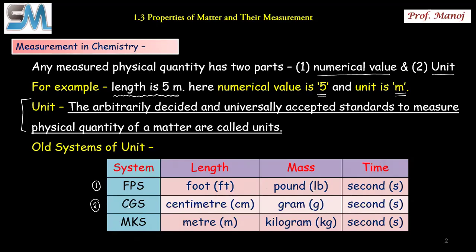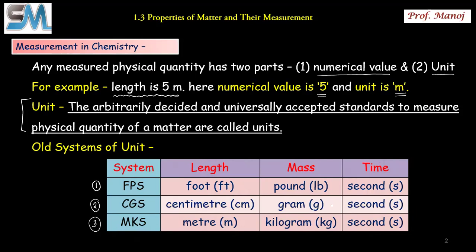The second system is called the CGS system, which stands for centimeter for length, gram for mass, and again second for time. Along with CGS, another system which was developed was the MKS system, which stands for meter, kilogram, and second.